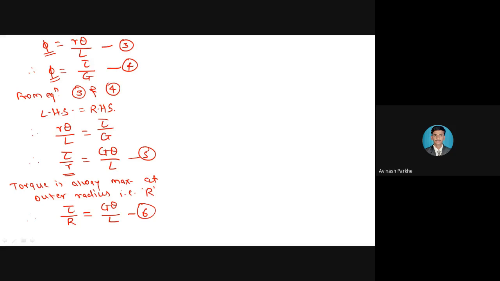Maybe the shaft is solid, maybe the shaft is hollow. The torque is always maximum at the outer radius only. Therefore, this small r is replaced by the capital R. Therefore, we get tau upon R is equal to G theta by L. So this is equation number 6, and equation number 5 or 6 we have obtained from these two figures, that is, from the longitudinal section of the shaft and from the cross section of that shaft.